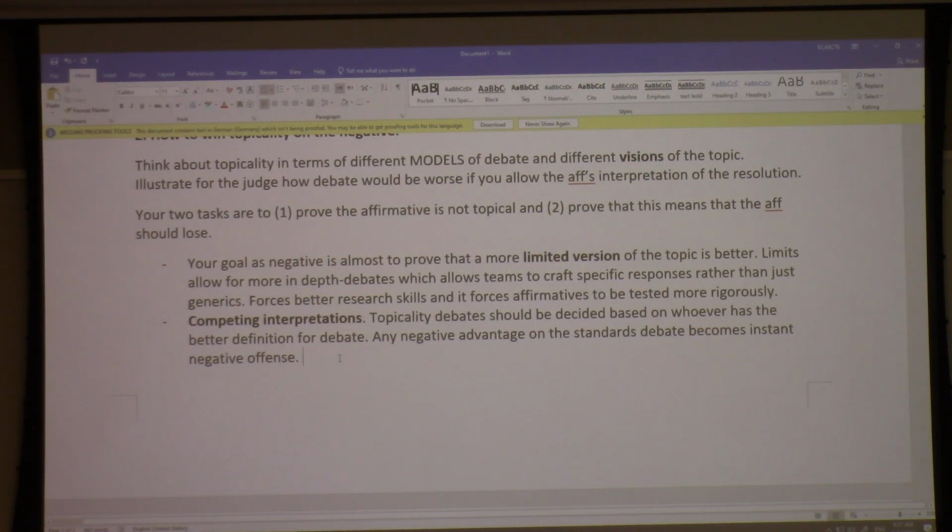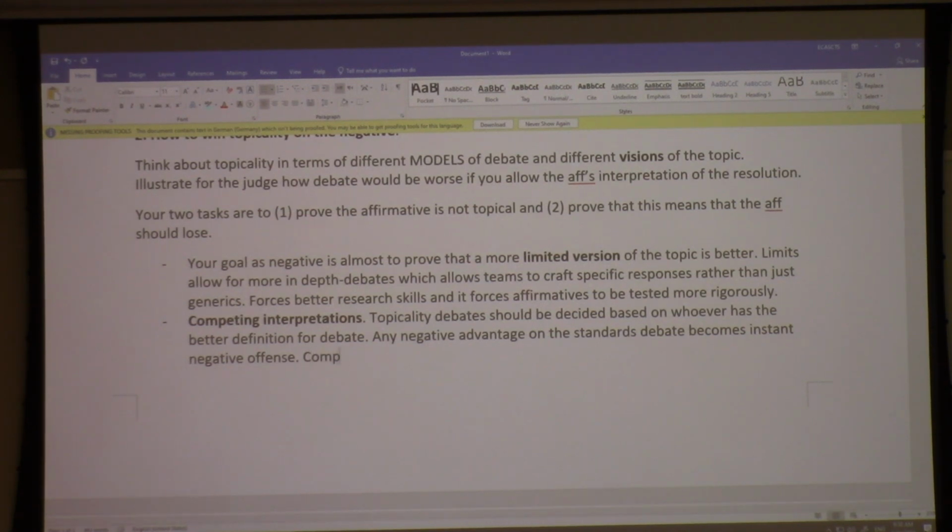So it just becomes purely a question of whose interpretation of the resolution is better. And I think competing interpretations is generally thought of as a pretty good way to evaluate topicality, especially for the negative team, because it is not arbitrary, and it's very easy to determine which definition is better.